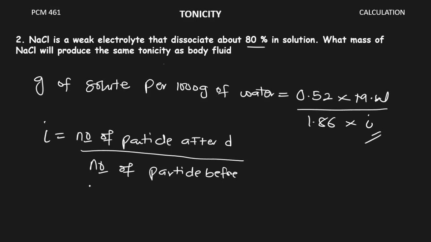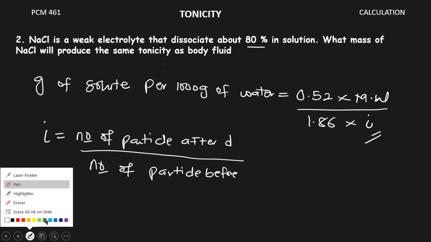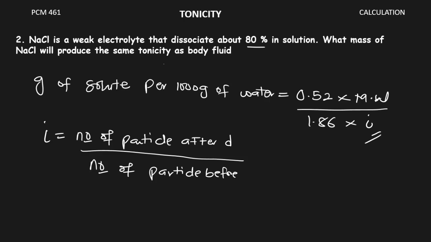Are you getting it now? So this is the formula for dissociation factor: number of particles after dissociation divided by number of particles before dissociation.